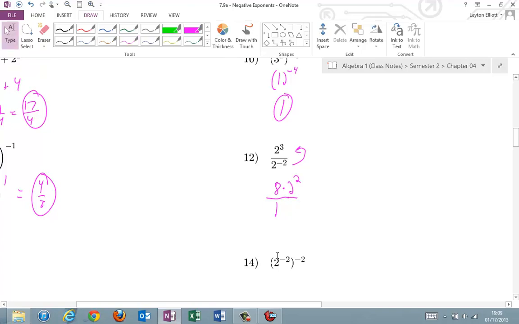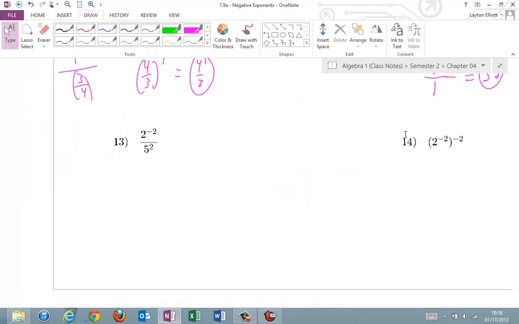Because the reciprocal basically changes what's in a denominator to a numerator and vice versa. What's the reciprocal of 4/3? 3/4. Numerator becomes denominator, denominator becomes numerator. By moving the 2 to the negative 2 up, we eliminate the negative exponent. It's now a positive exponent because it's in a different spot. 8 times 2 to the 2nd. We also can ignore that 1 now in the denominator. It's just 8 times 4, and 8 times 4 is 32.